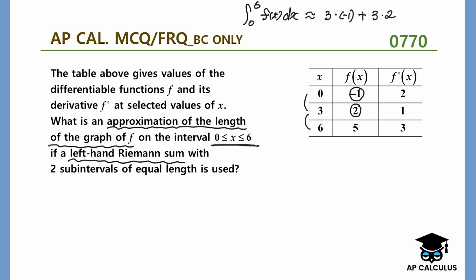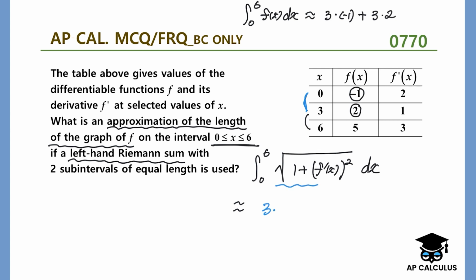So we are actually approximating the definite integral from 0 to 6 of the square root of 1 plus f prime of x squared dx, right? That is equal to, using left-hand Riemann sum, this interval times this value on the left, right?